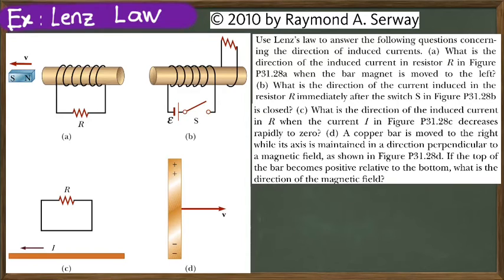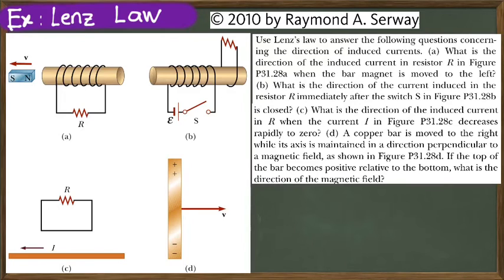Right? Because field lines always emerge from the north pole and come to the south pole. But if you move the magnet toward left, you are decreasing the magnetic field in this direction. You are decreasing the flux in this direction.